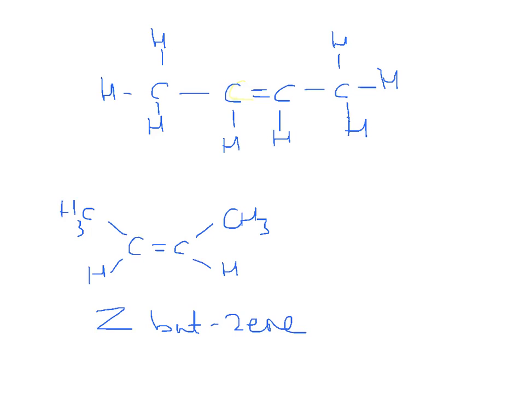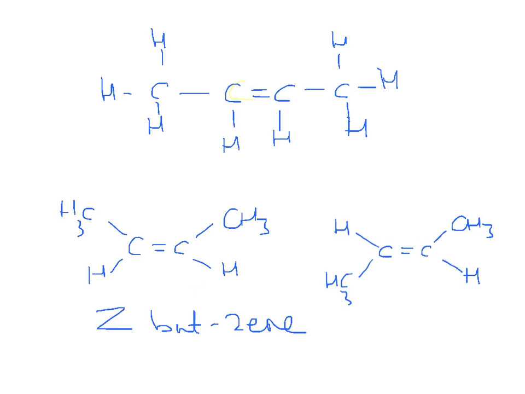And the other isomer, if I quickly draw that out, in this case what we have is the hydrogen here is different to the CH3 over here, and equally the CH3 here is different to that there.